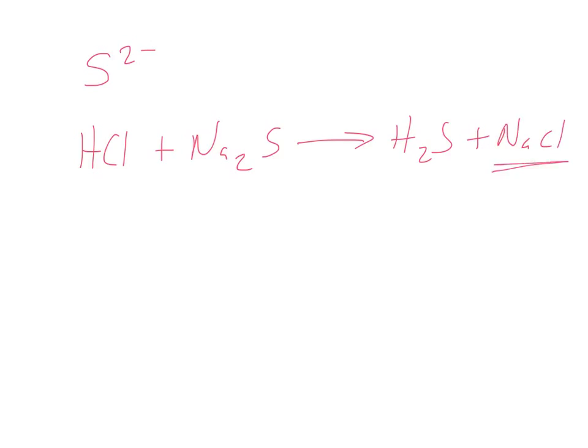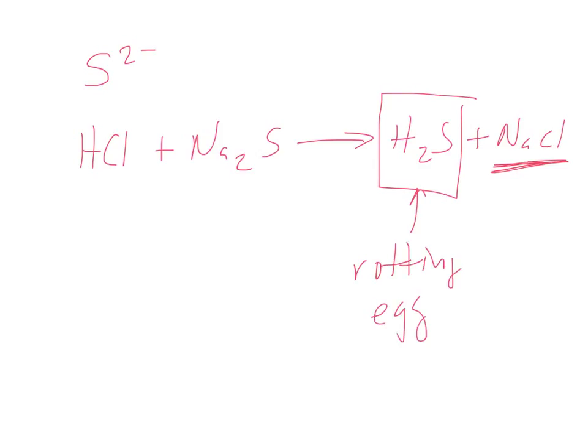So I make my salt still, but I make hydrogen sulfide gas. Hydrogen sulfide gas is the smell of rotting egg. So this is not a very happy smell to be smelling in the lab. So sulfides plus acid gives me my salt and hydrogen sulfide gas.